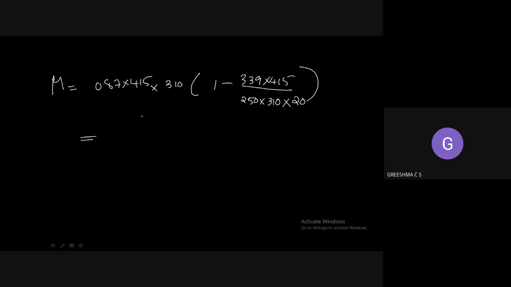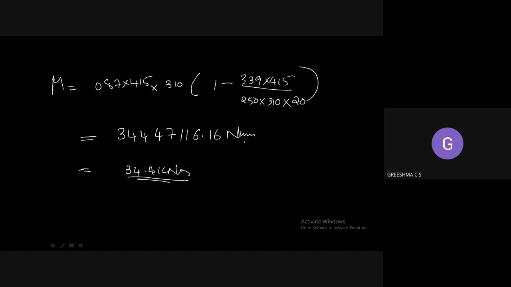So the answer will be somewhat like 3,447,116.16 Newton mm. Okay, so if you convert into kilonewton meter, that is 34.4 kilonewton meter. This is in Newton mm. That's correct.